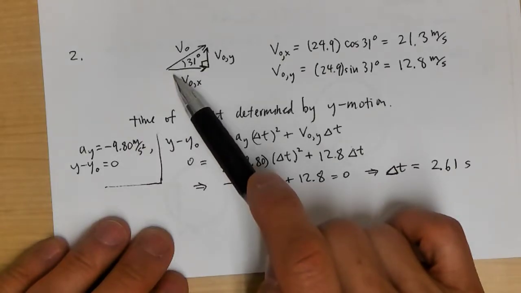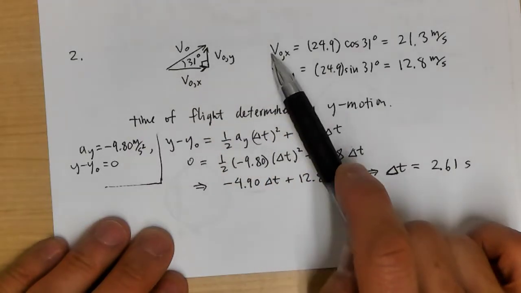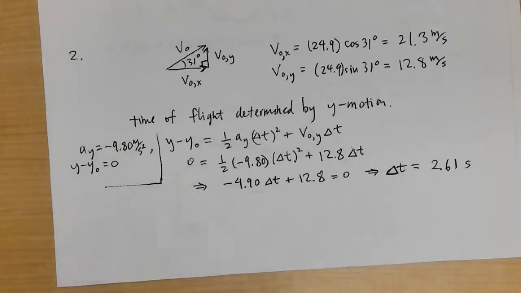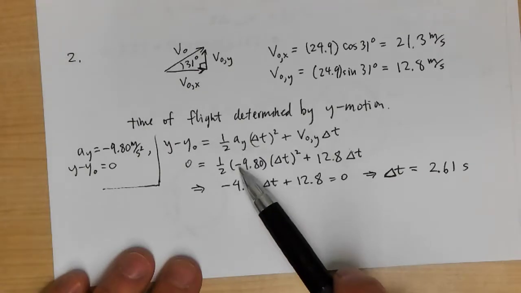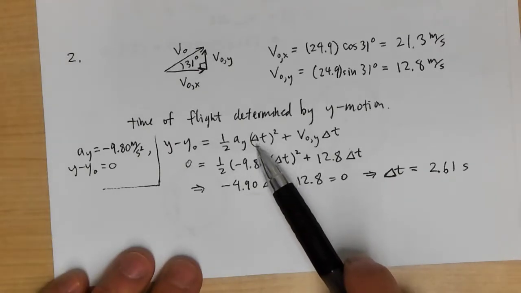So now this golf ball starts from the ground and ends on the ground. So we have that y minus y0 is equal to 0, and ay is equal to negative 9.8, and we're going to solve for delta t.